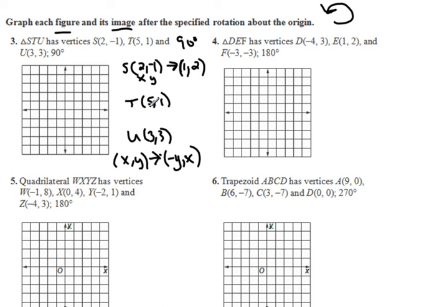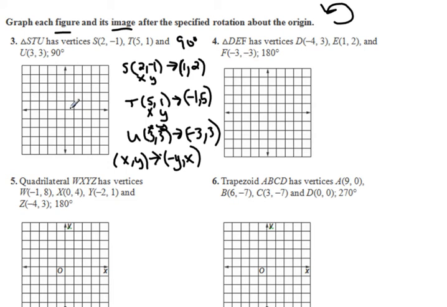T will be, here's our X, here's our Y. We want to take Y and make it negative first, so -1, and then leave our X alone. And with this one, U is 3, X is 3, Y is 3. So we're going to make our Y negative, and then our X stays the same.